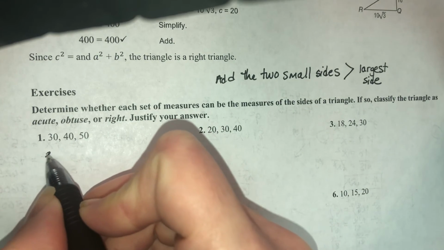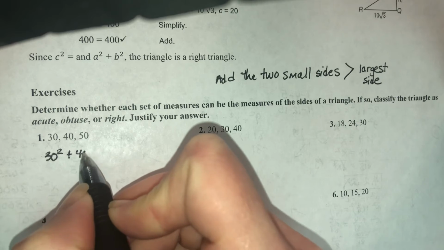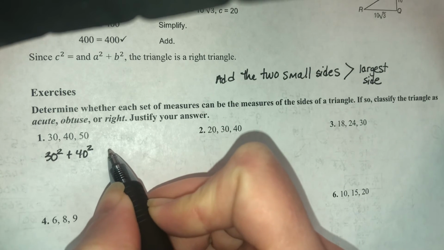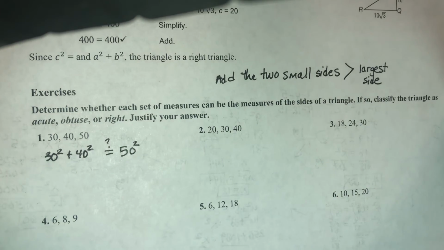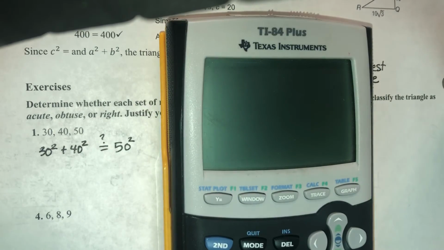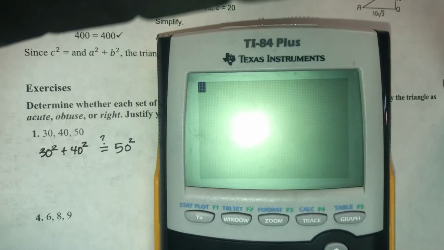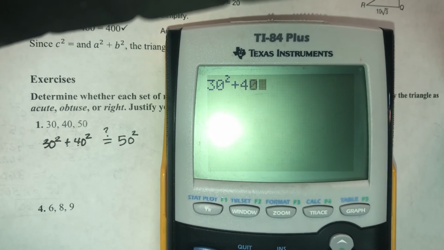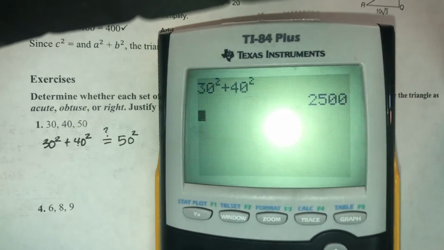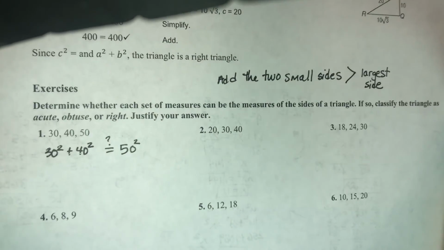If I go 30 squared plus 40 squared, I want to compare this. Is this equal to 50 squared? Okay, so we can use a calculator to do this. 30 squared plus 40 squared is 2,500.